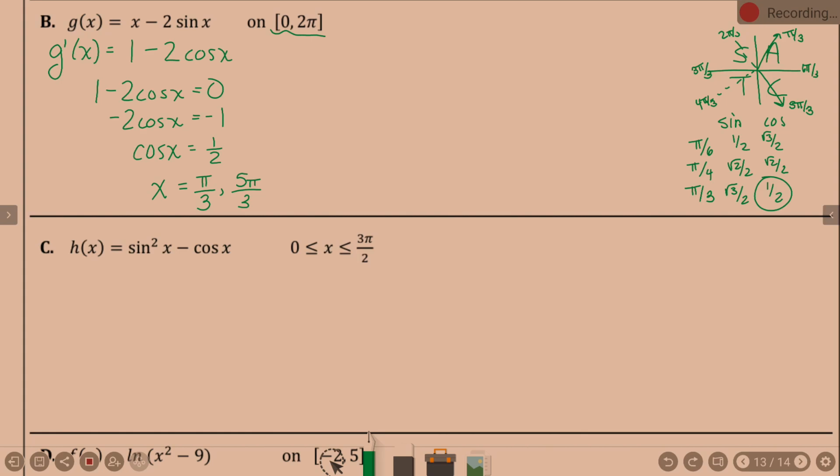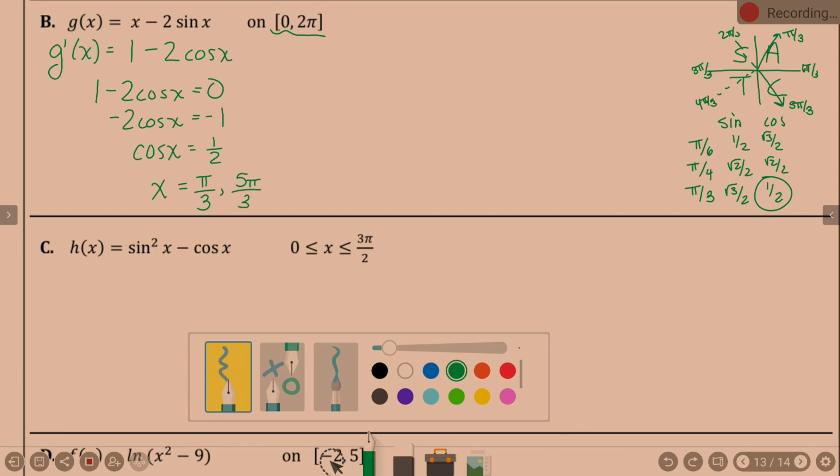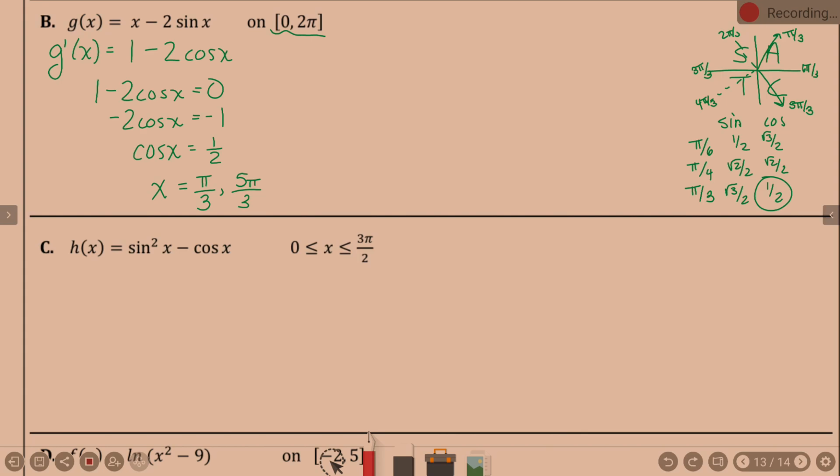Okay, so now let's talk candidates test here. What values are we testing to find our min and max here? Pi over 3. No, let's start with 0. Pi over 3, 5 pi over 3, 2 pi. And we included 0 and 2 pi because we're on an interval. Yes.